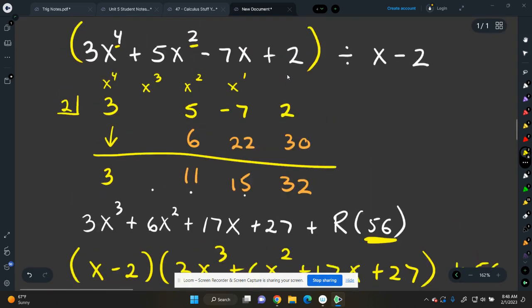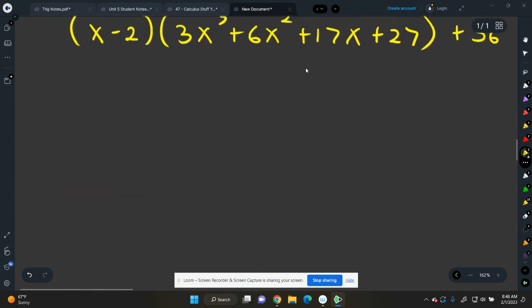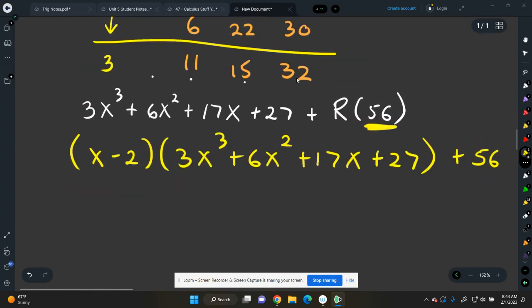Okay? Okay, so for homework, I have a worksheet for you on synthetic division. Make sure that you write your answer if it has a remainder with the R like that, okay? Any questions for me? Okay.